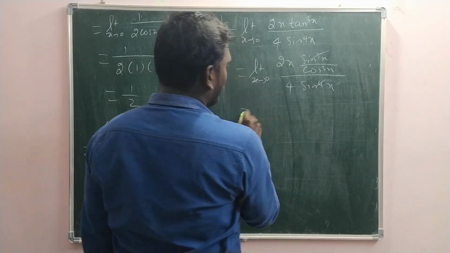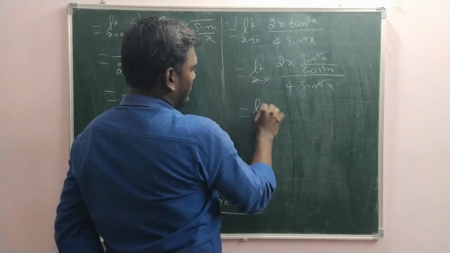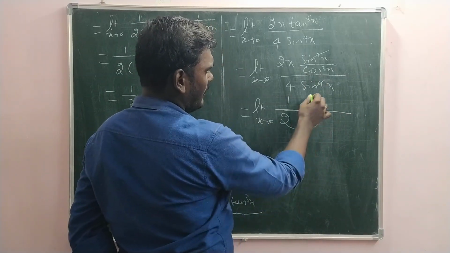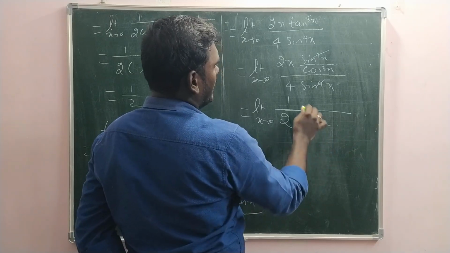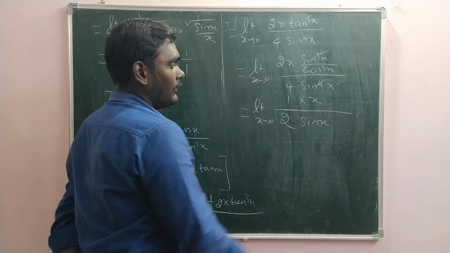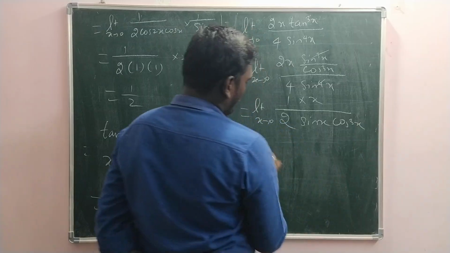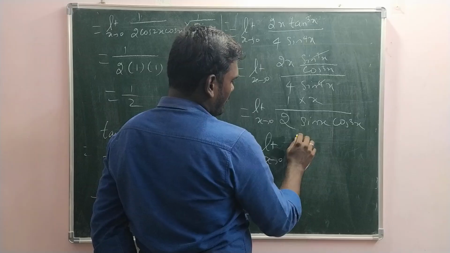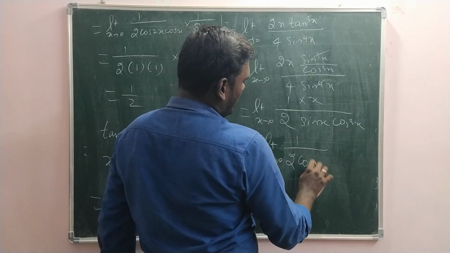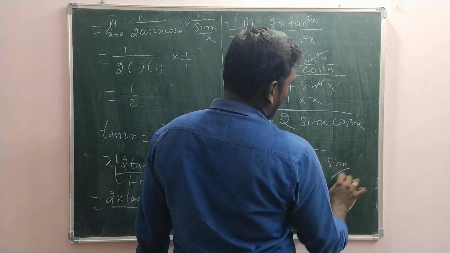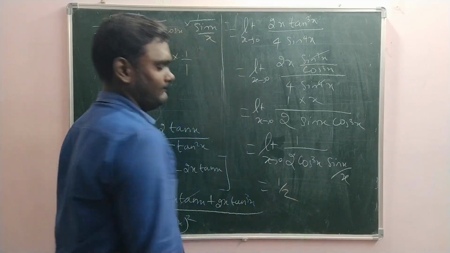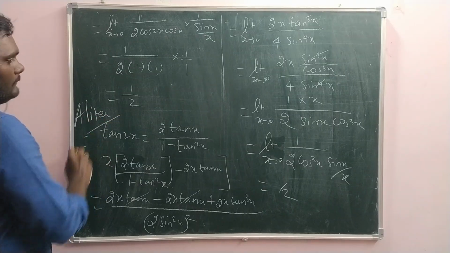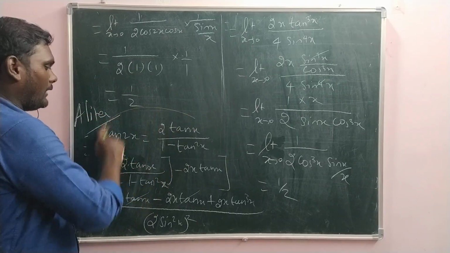That time this gets cancelled, then we'll be getting limit x tends to 0, 1 by 2 into this one sin x, numerator will be having 1x cos cube x, then limit x tends to 0, 1 by 2 into cos cube x sin x by x. So answer is 1 by 2. Easiest way. But we should be taught of this formulas.